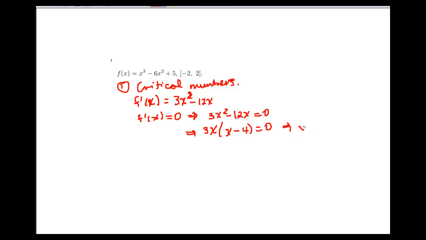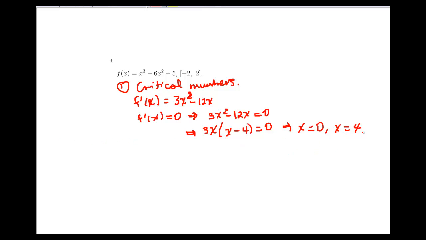That says x equals 0, that's what you get from setting 3x to 0. And x equals 4, that's what you get when you set x minus 4 to 0.